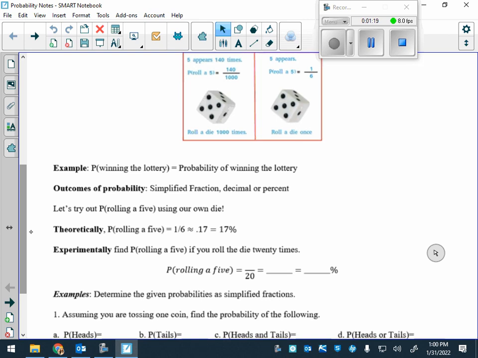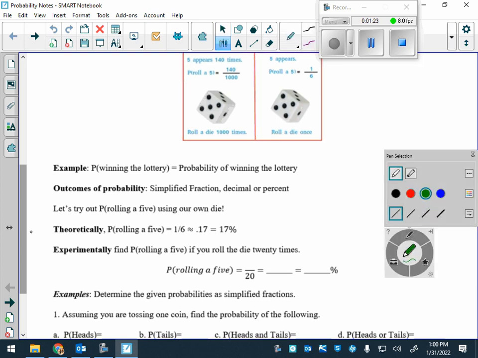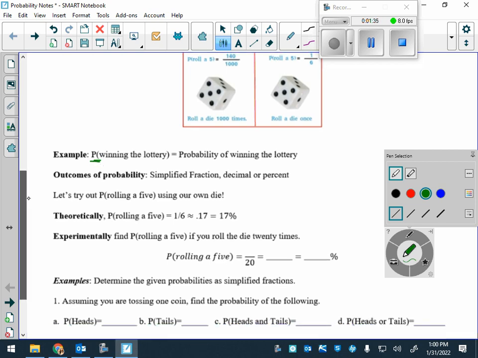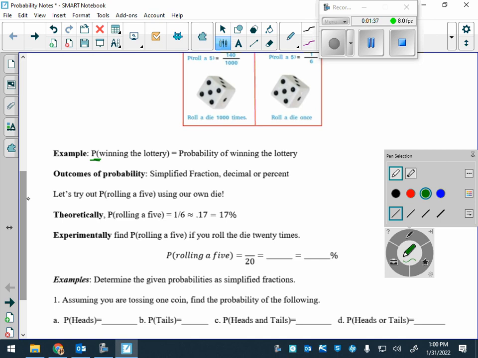So how we note what probability is, the notation is the most important. It's with this little p in front. P, the probability of winning the lottery, for example. This little p in front means probability. How we express probability, it's either as a fraction, decimal, or percent.